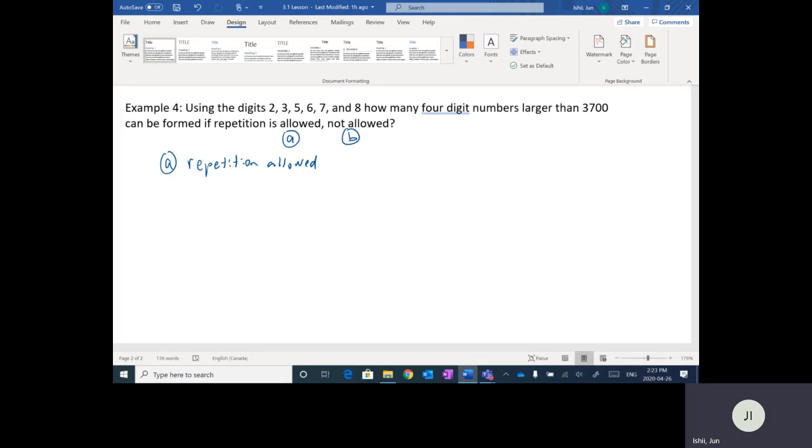Okay, so let's figure this out here. Now this one here actually is a bit tricky, because we got to split this up into two separate cases. So case 1 would be if the first digit is 5, 6, 7, or 8.